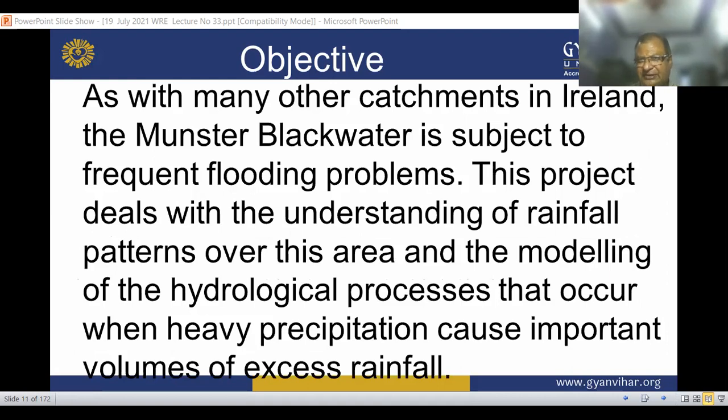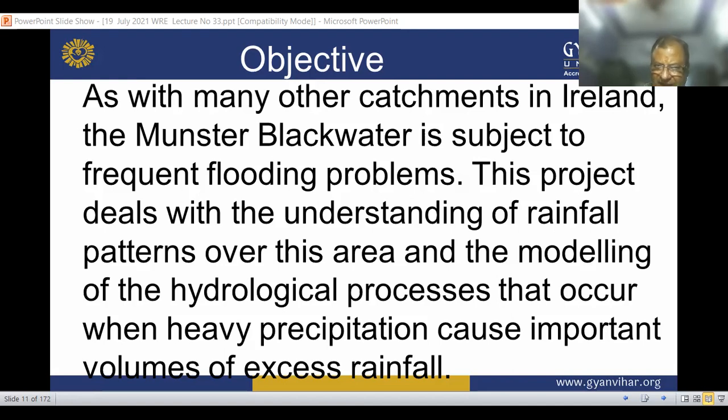As with many other catchments in Ireland, the Monastir Blackwater is subject to frequent flooding problems. This project deals with understanding the rainfall pattern over this area and the modeling of the hydrologic process.